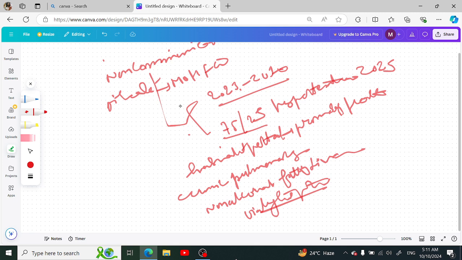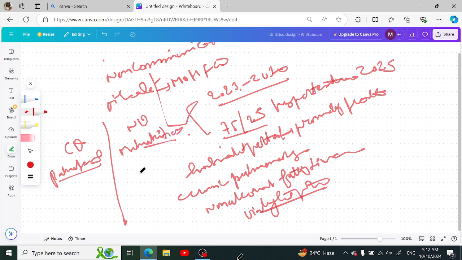Highly infectious pathogens. See, there are two kinds of diseases, communicable and non-communicable. Communicable diseases are caused by pathogens. Non-communicable diseases are because of malnutrition, illness, or internal factors like lifestyle change and abnormal cell growth. The transmitting agent is a virus or bacteria in communicable disease, and here it is nil.